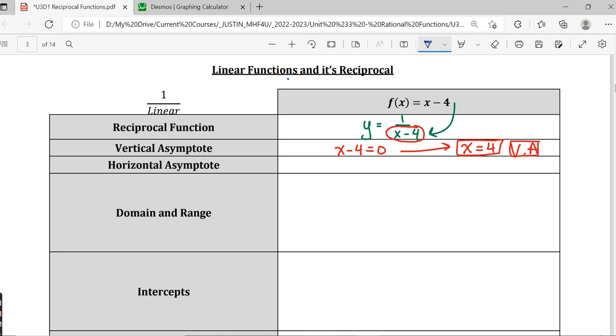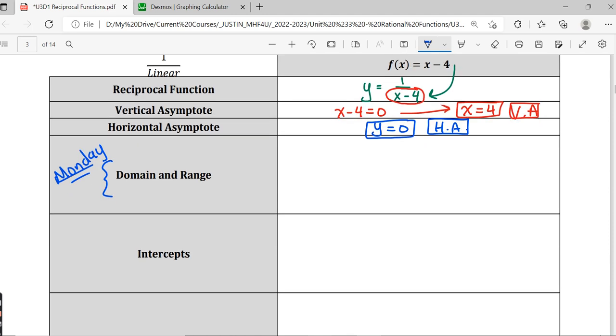For this lesson, there is a horizontal asymptote at y equals 0. Always. Now, I'm going to skip the domain and range for all of these, okay? Because I feel like that would be too much. I will revisit this on Monday. I'm going to come back to domain and range.